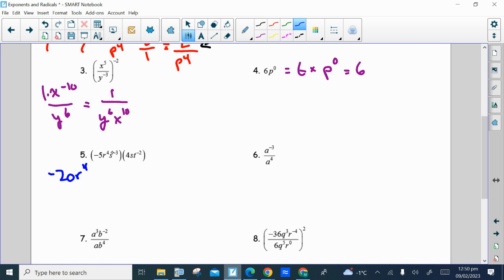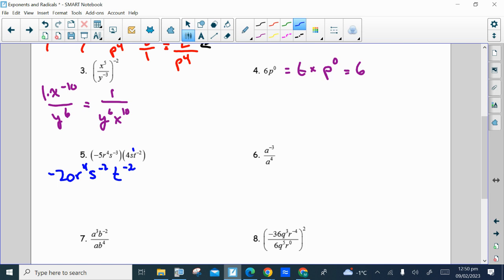But there's an s to the negative 3 times s to the positive 1. I can multiply those together by adding the exponents. Negative 3 plus 1 is negative 2. And then we have t to the negative 2. The t to the negative 2 in the second bracket is not being multiplied by a t in the first, so it doesn't change.